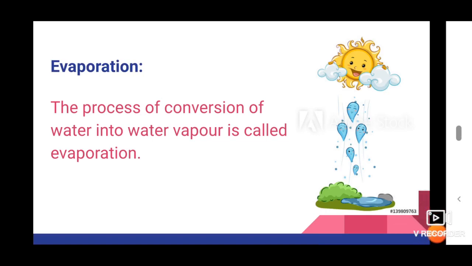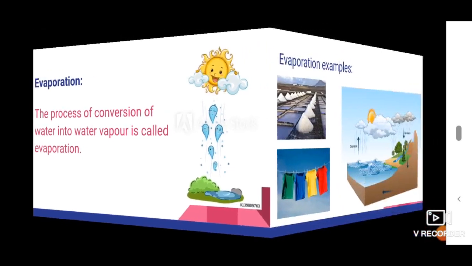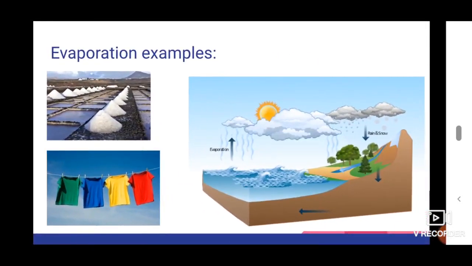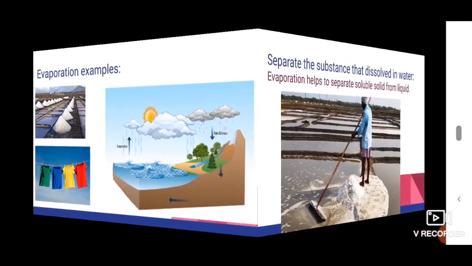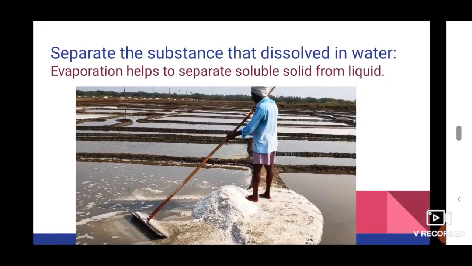Every day, evaporation helps us in many ways. It is used for drying clothes, separating salt from seawater, and it plays an important role in the water cycle. One of the major applications of evaporation is to separate salt from seawater. We already know this evaporation.